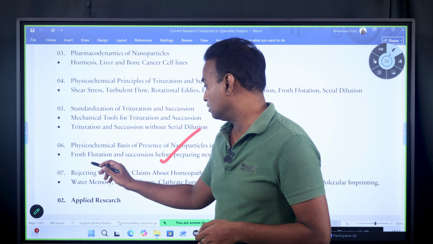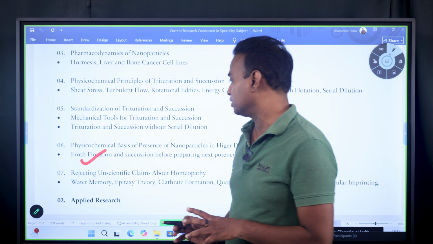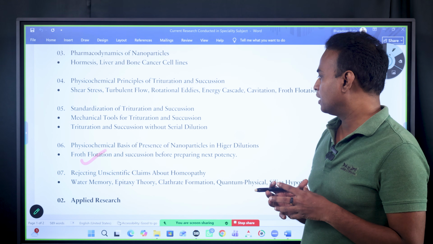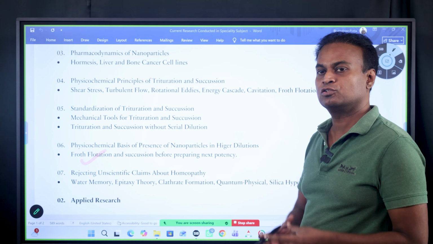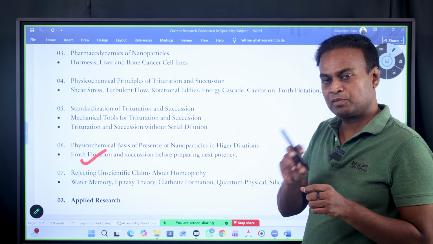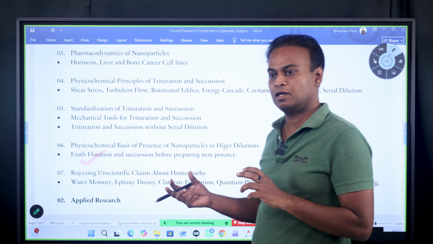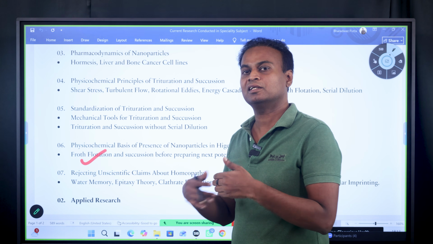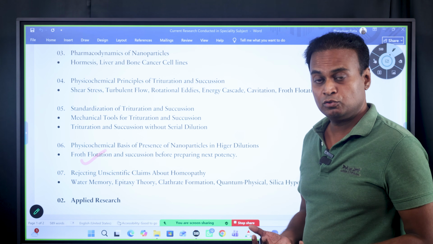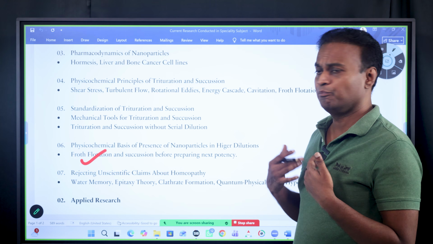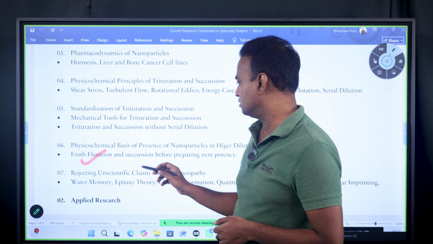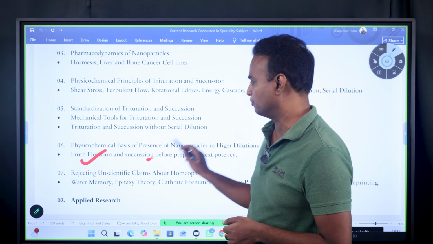For that, they are concentrating on froth flotation, where bubbles are formed during succussion, and these bubbles take the nanoparticles to the upper part of the bottle, and you pour only that upper part into another bottle before making the next dilution. That is the reason even at higher dilutions, even beyond Avogadro number, you are seeing the nanoparticles. That is the reason this research is also being conducted as of now.